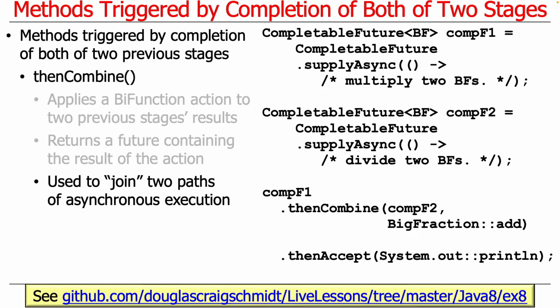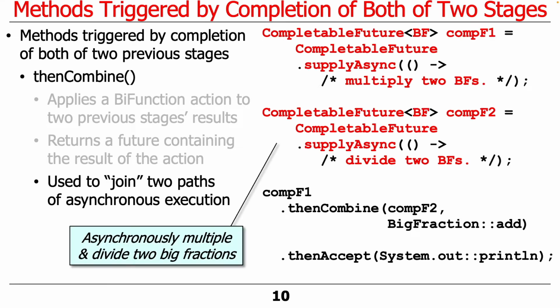So let's take a look at an example to make this more clear. This is from my EX8 project in my GitHub repository. The first thing we're going to do here is create two completable futures, conf1 and conf2, and they're both going to ultimately contain the results of doing some asynchronous operations.